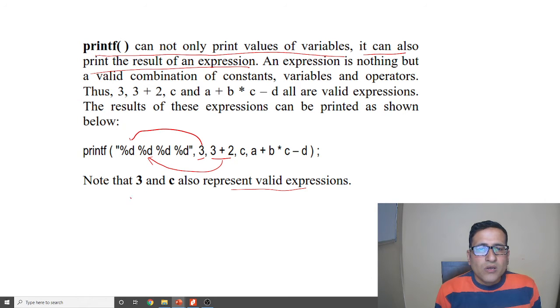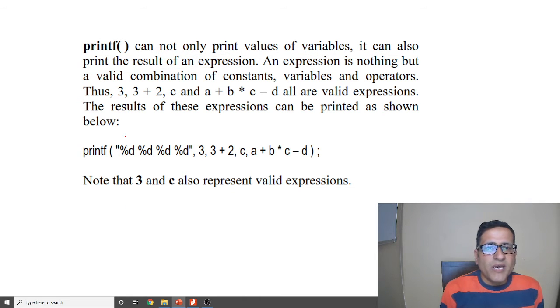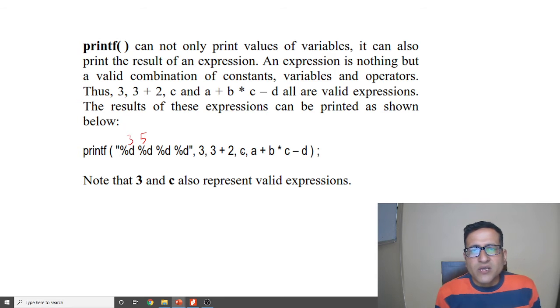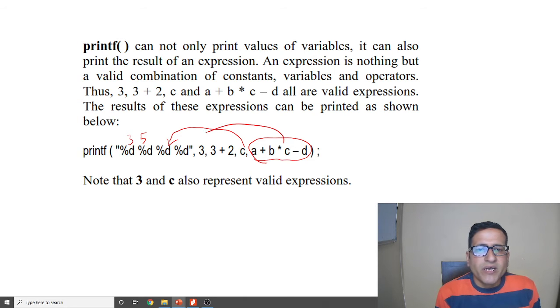So in the output, the answer will be like 3, 5. And if there is some value of C, it will be written here, and A plus B, all this is one expression, so the answer will be written here.